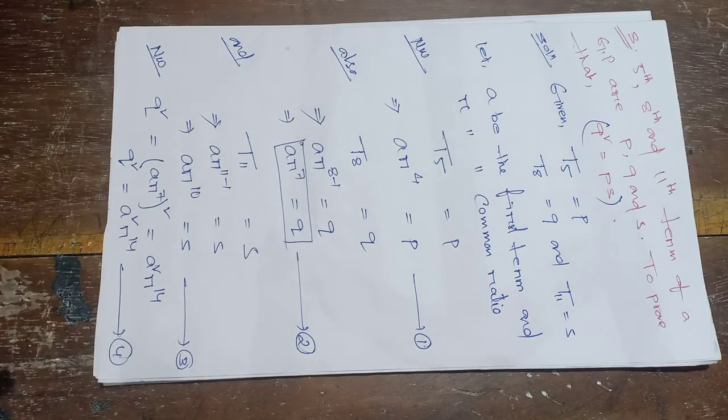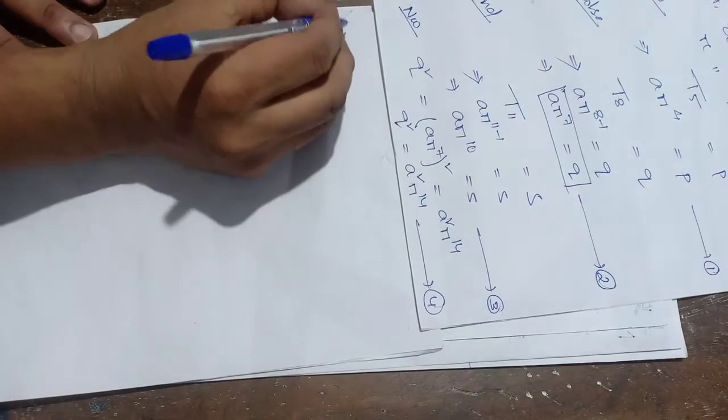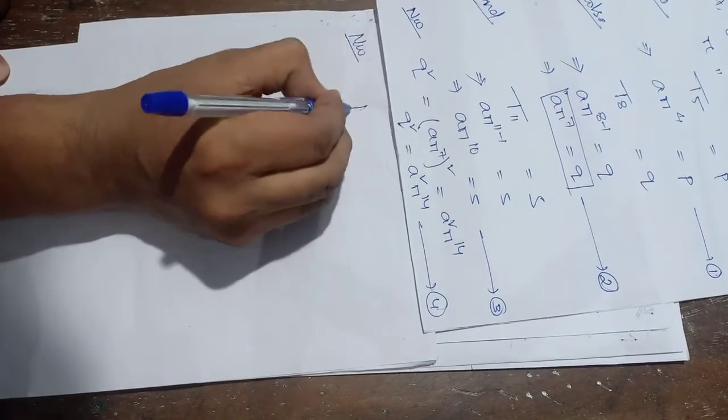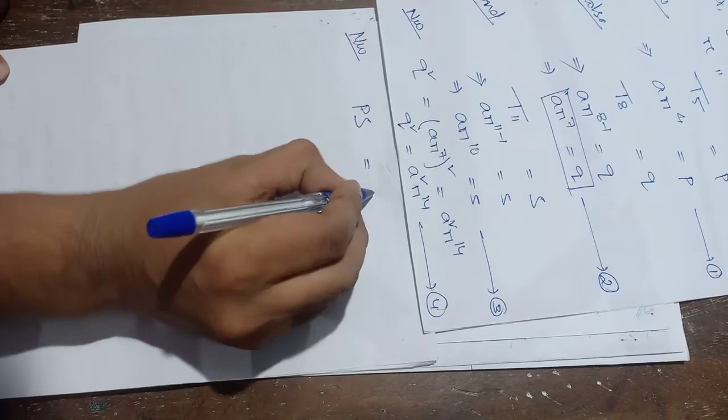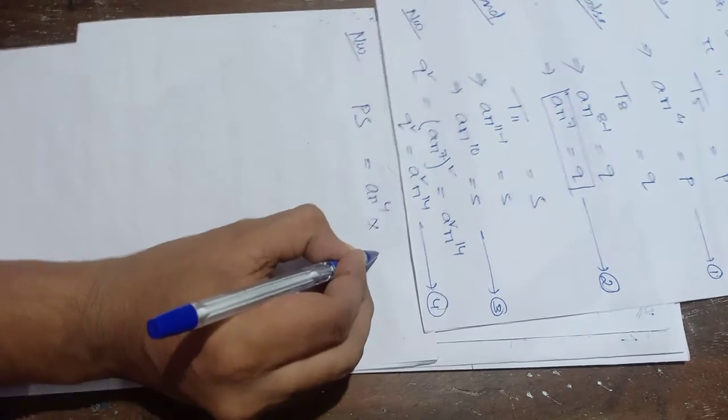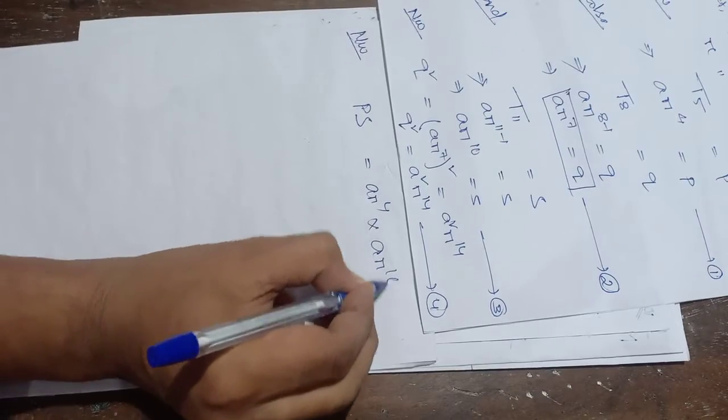Now we have to find P into S. P is AR to the power 4 into AR to the power 10.